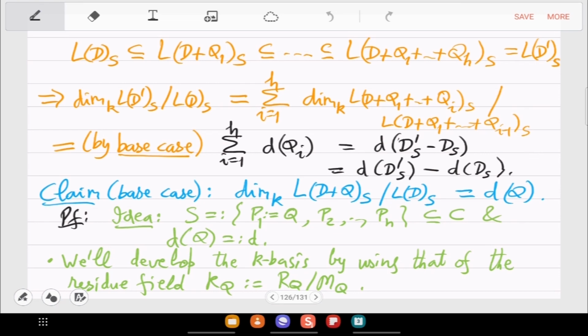So you are looking at this ring RQ, the germs around Q, and you mod it out by the maximal ideal, which are the germs that vanish at Q.